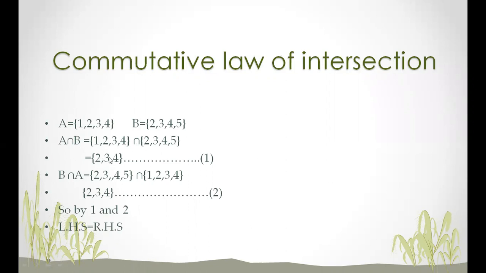B intersection A: the answer of B intersection A is also 2, 3, 4. So changing the position of A and B, here we write A intersection B, here B intersection A, and it has no effect on our answers. So this is the commutative law of intersection. Our left hand side is equal to our right hand side.